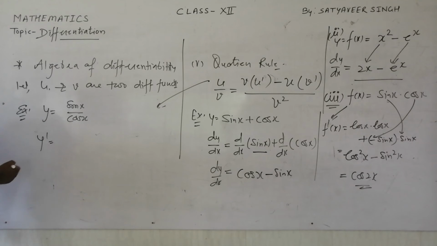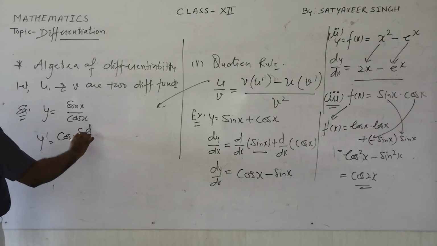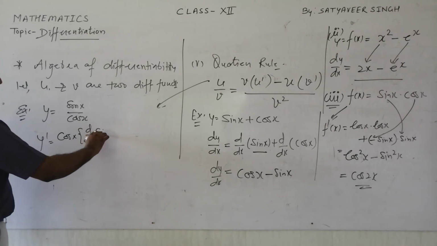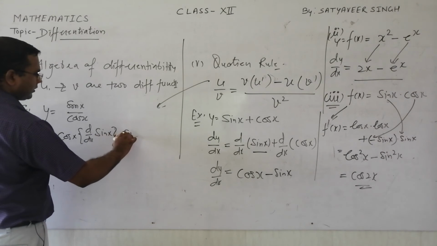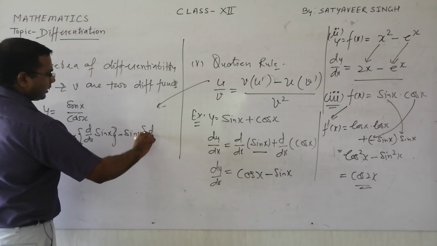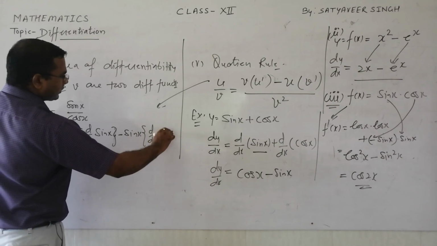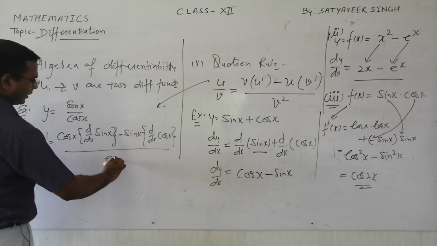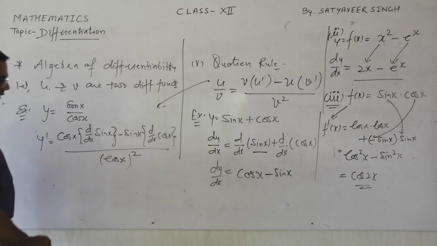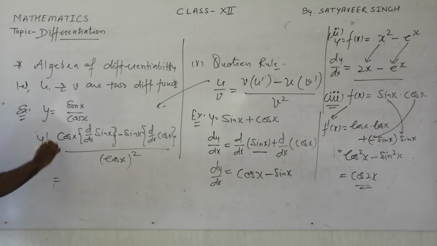So we can apply the quotient rule, we will write here the denominator, d upon dx of sin x, minus sin x, d upon dx of cos x, upon the square of the denominator. So you can solve with the help of this.